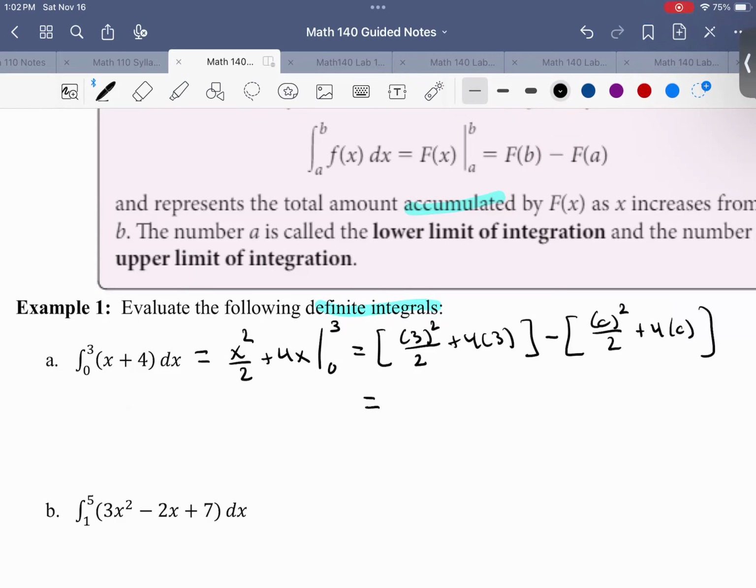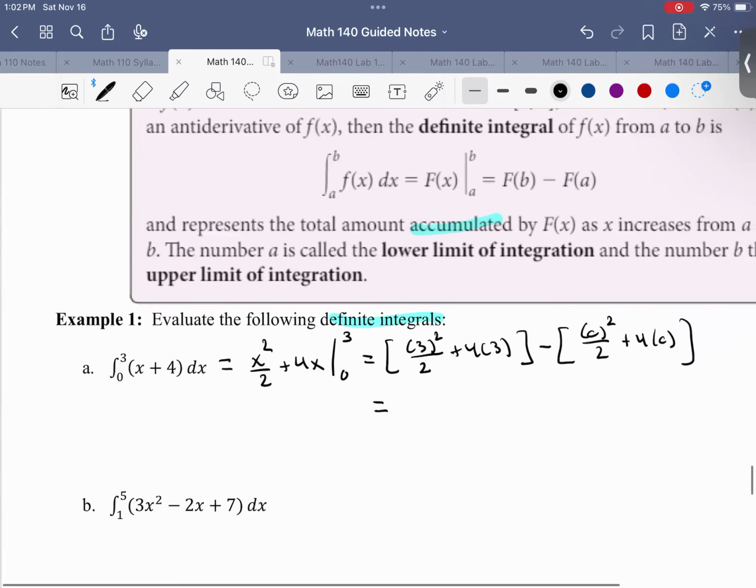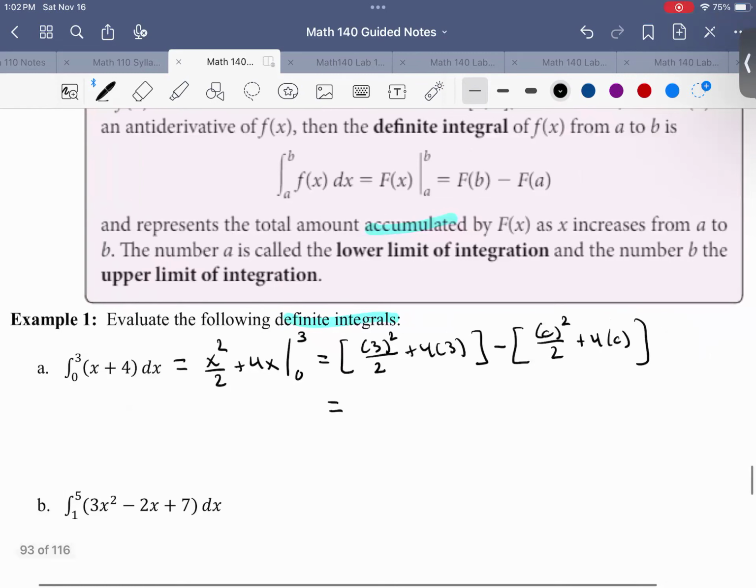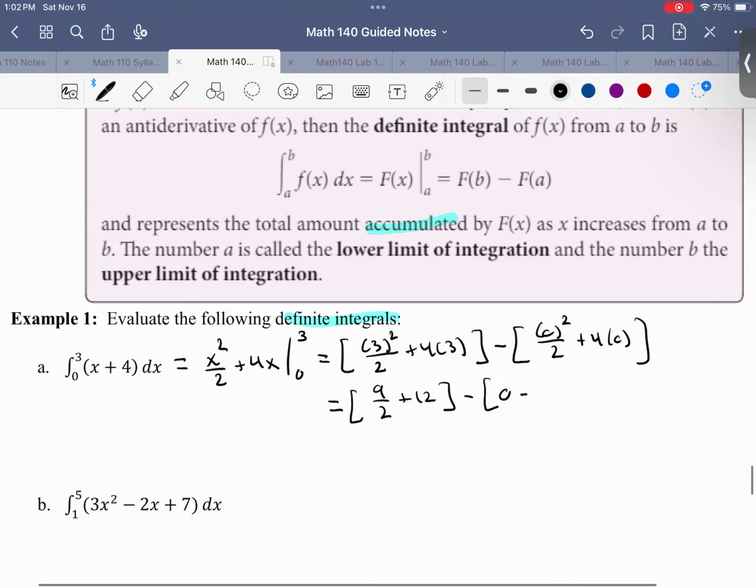If we just keep simplifying, we're trying to get a numerical value because we are accumulating a value. We still have to keep the brackets: 9/2 plus 12 minus 0 squared divided by 2 is just 0, and 4 times 0 is just 0.